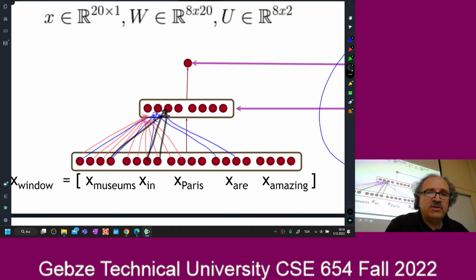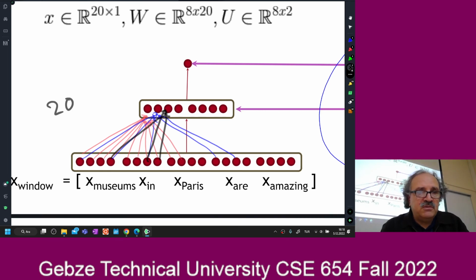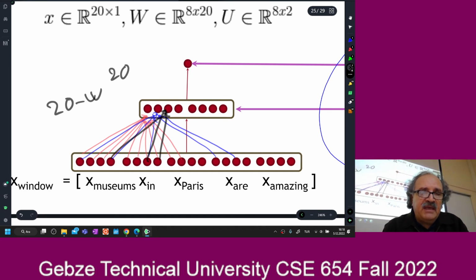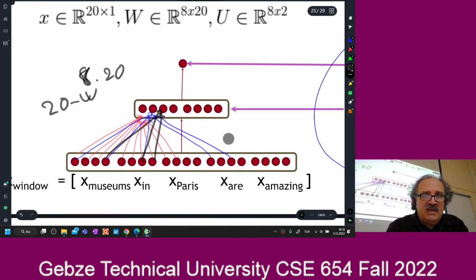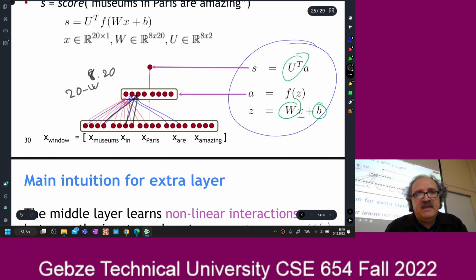So each node here will have 20 inputs, 20 W's. I have 8 of them, so there will be 8 times 20 numbers in this layer here. That's why W is 8 by 20.